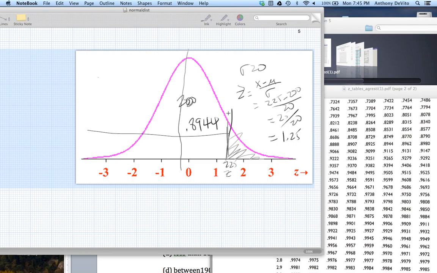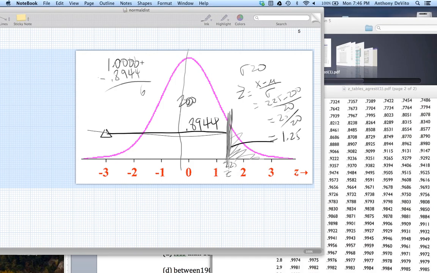That's not what we asked. We asked what percentage of the population, or what's the probability of picking an individual, that's above 225. As it happens, the z-table only gives us the area below here. So it would be 1 minus 0.8944.